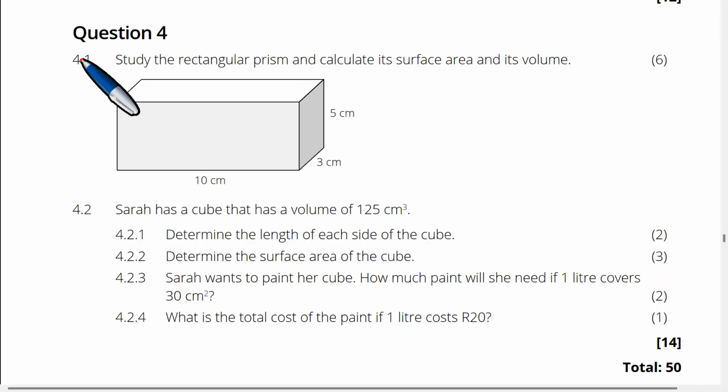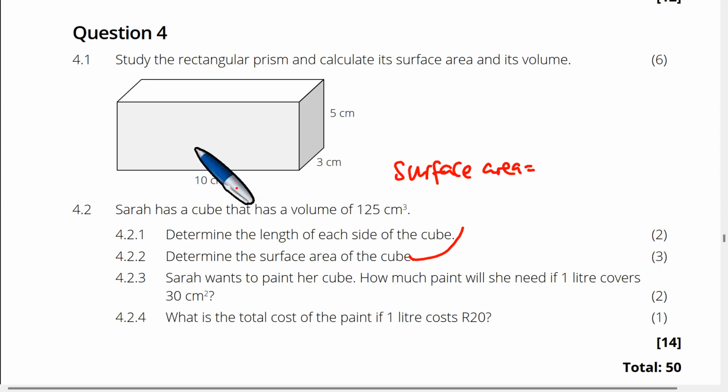So is the surface area 360 centimeters? Let's check. Right, so to calculate the surface area, we say surface area.